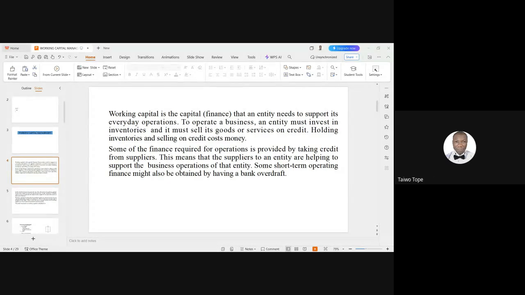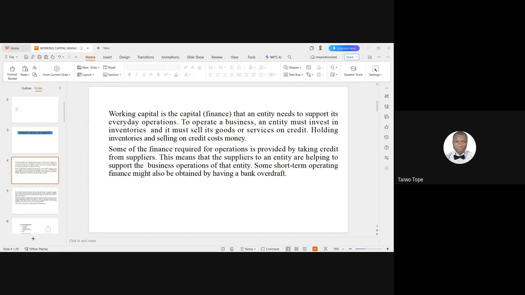All right. So the components of working capital, just as Madam Agbola has said, are inventory, that is your closing inventory, your receivables, your cash, even your creditors, your debtors. They are the components of working capital.